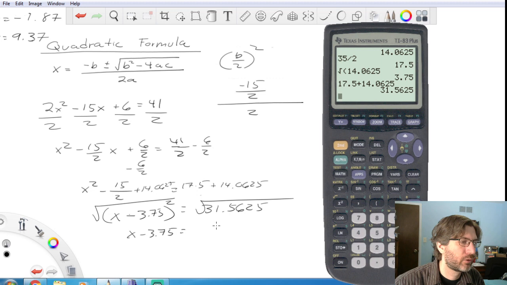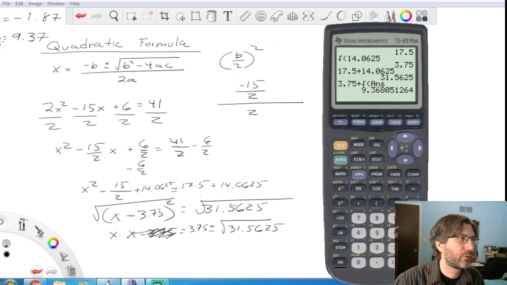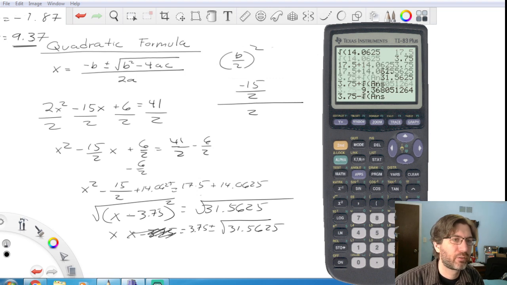3.75 equals plus or minus the square root of 31.5625, and you're going to be adding 3.75 to that side. So we get 3.75 plus square root of that, and there's your 9.37, and you get 3.75 minus the square root of that, and there's your, that's not your answer.